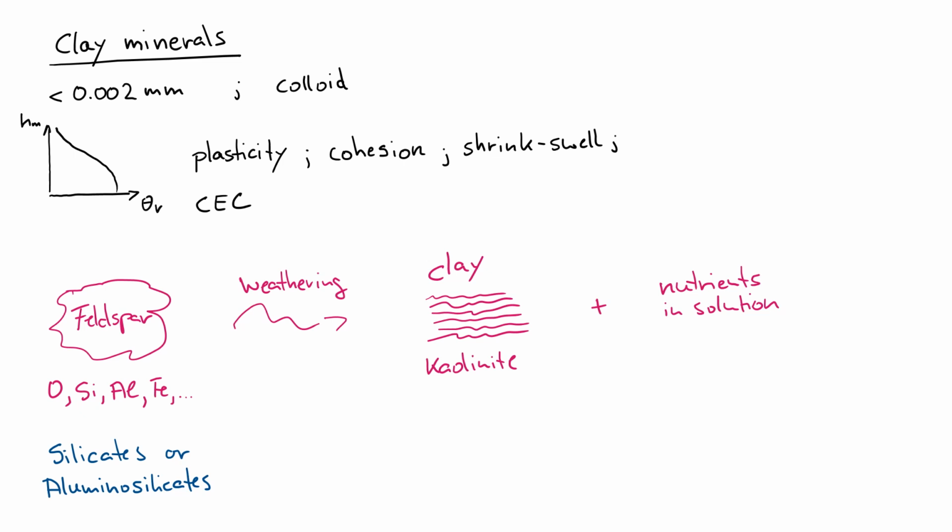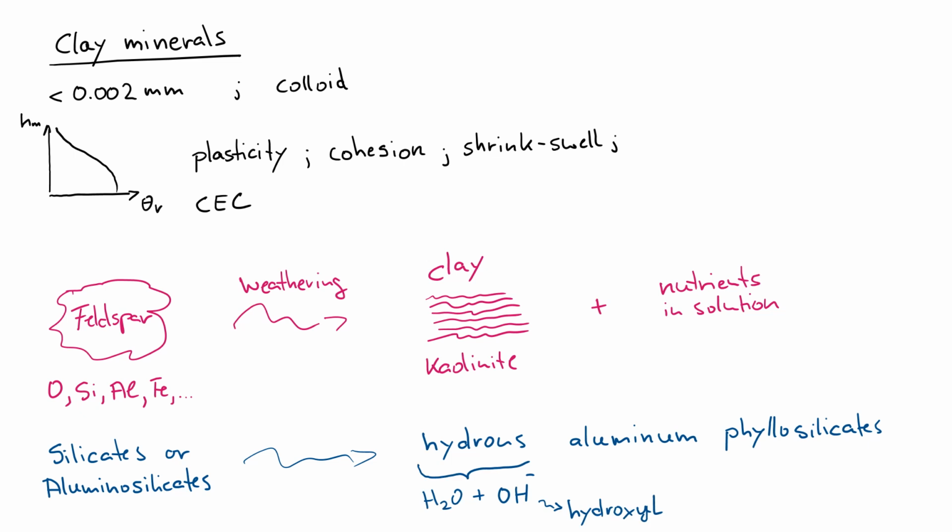Now, the feldspar and most other rocks and minerals in the Earth's crust, eventually forming soils, are called silicates or aluminosilicates. And with clay minerals, we're talking about a very specific group of these silicates, and they are hydrous aluminum phyllosilicates. The little word hydrous just means that we have water and a hydroxyl, an OH minus, involved in there.